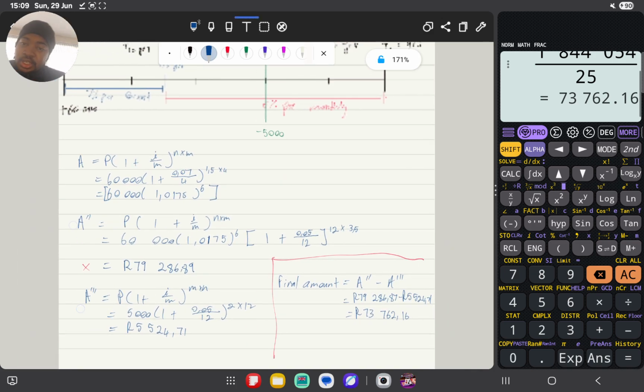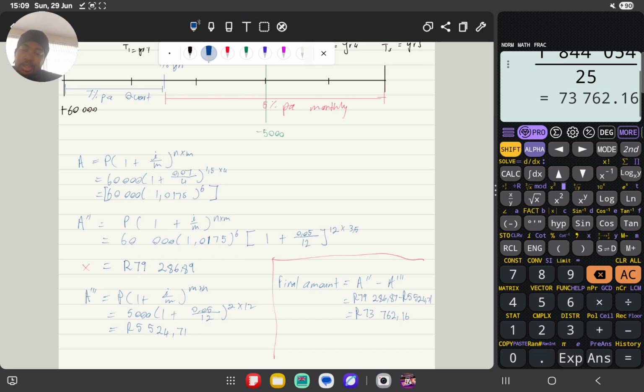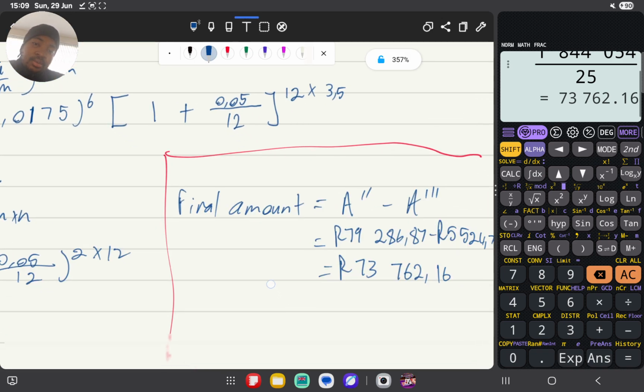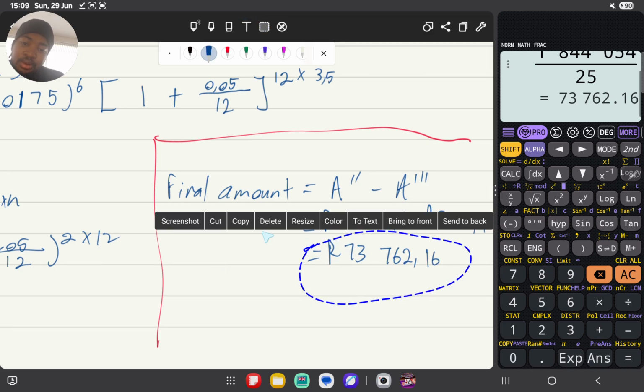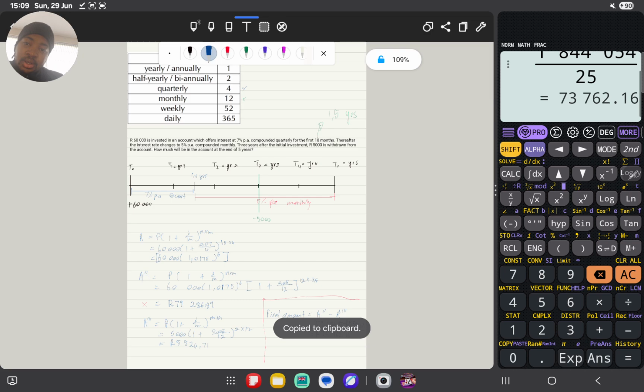So I hope you guys understood this method, ne? If you didn't understand it, go back, rewatch it, and you will understand it. Now I want to show you the second way in which you could attack this kind of problem, right? Little bit similar, but there is something different. So let's get started. First of all, I'm gonna copy this value because we're gonna use it to compare method 2 with method 1.